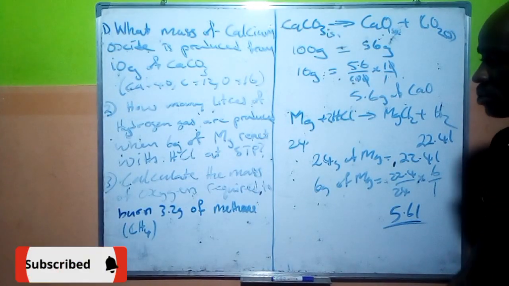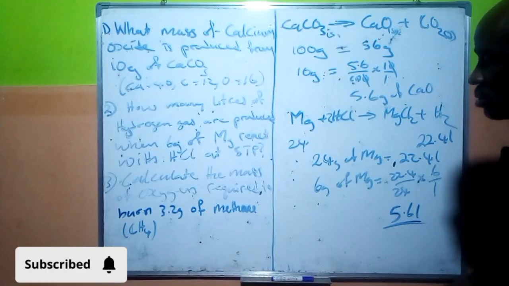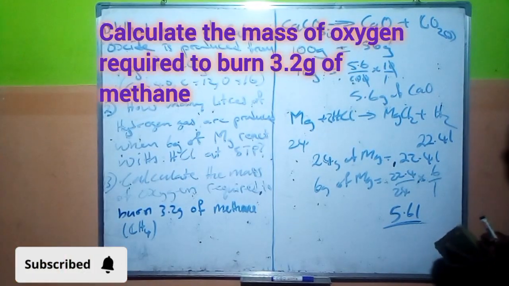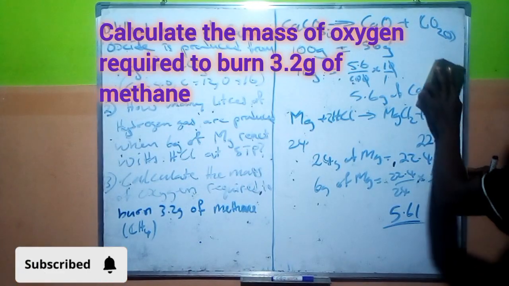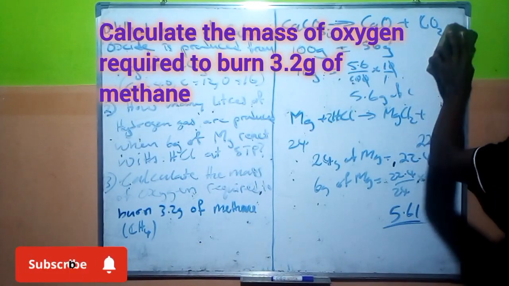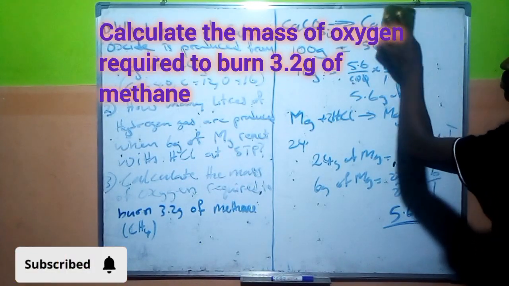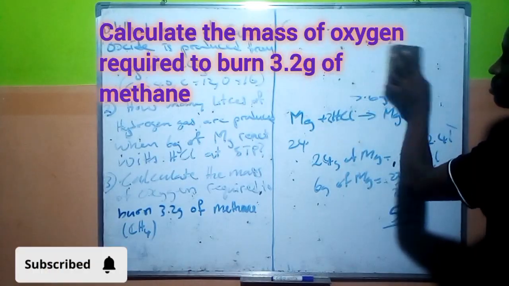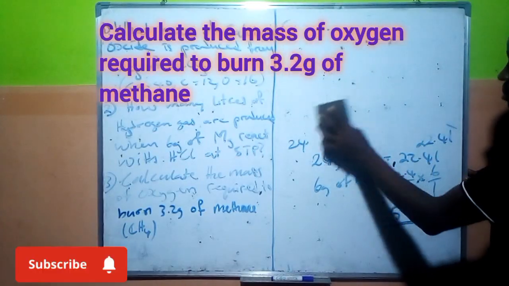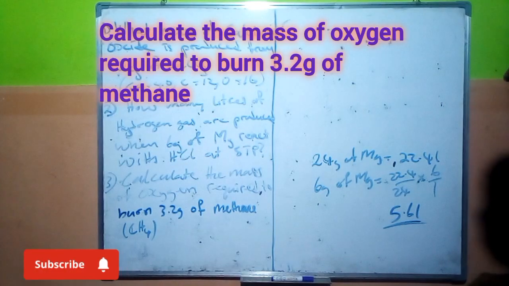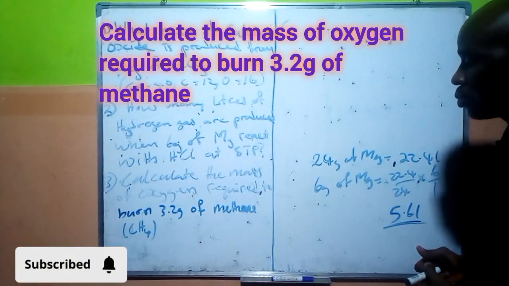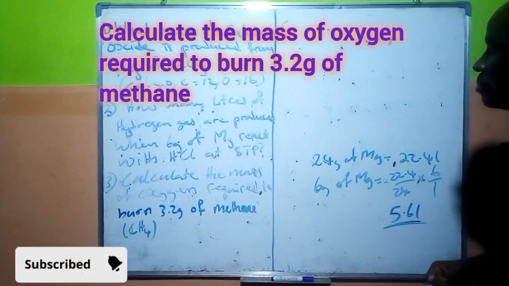So the next one we have here says, calculate the mass of oxygen required to burn 3.2 grams of methane.